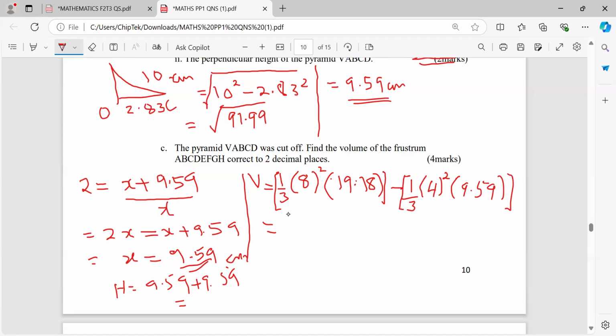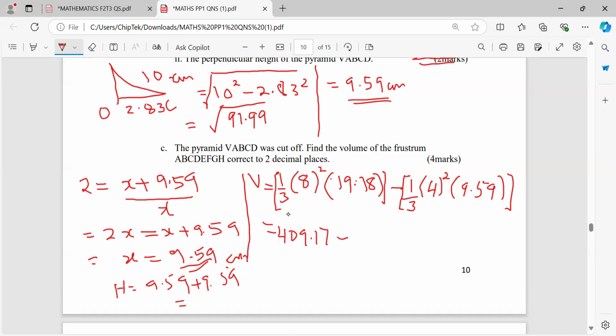A third times 8 squared times 19.18 equals 409.17.